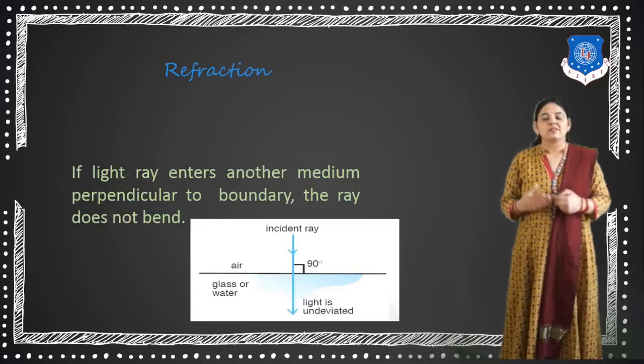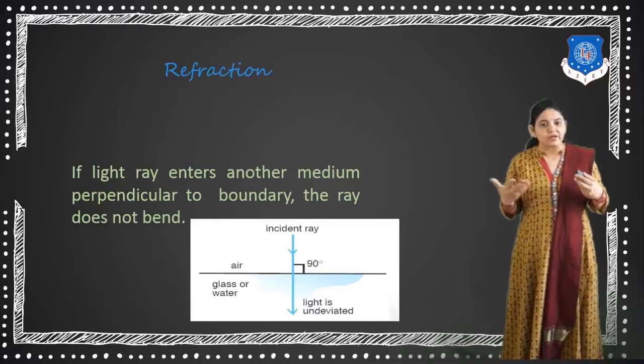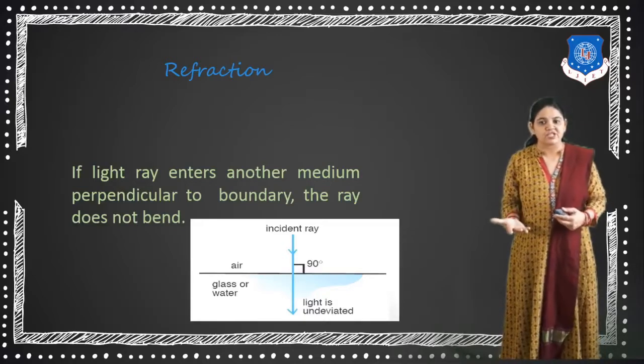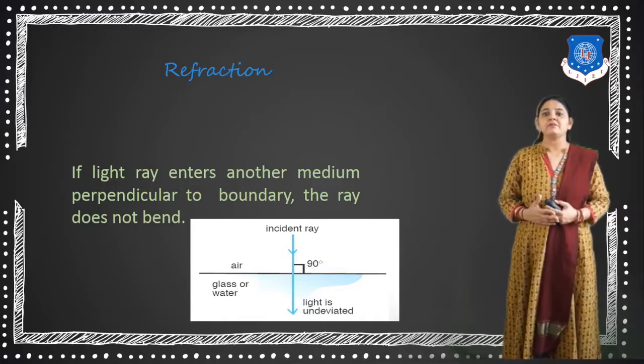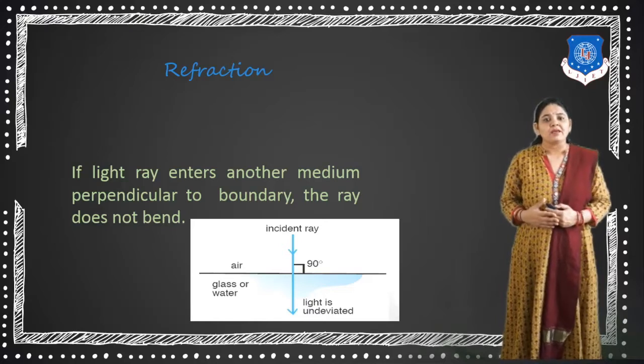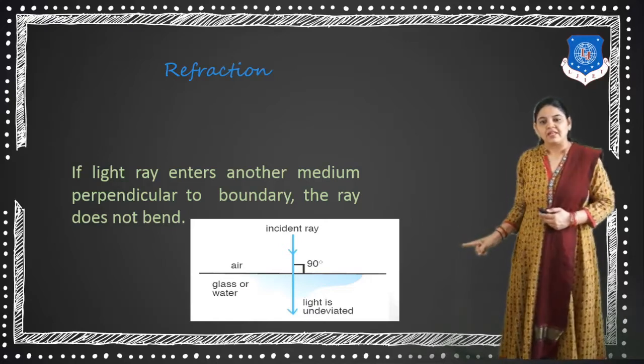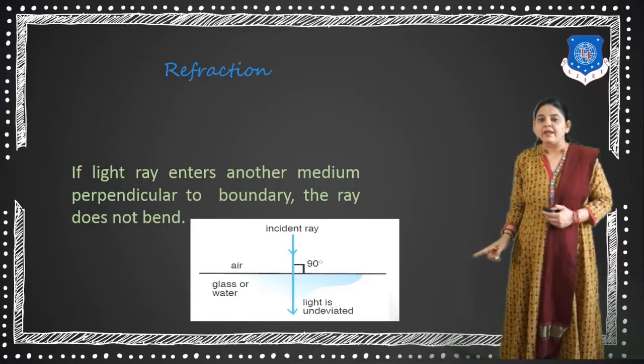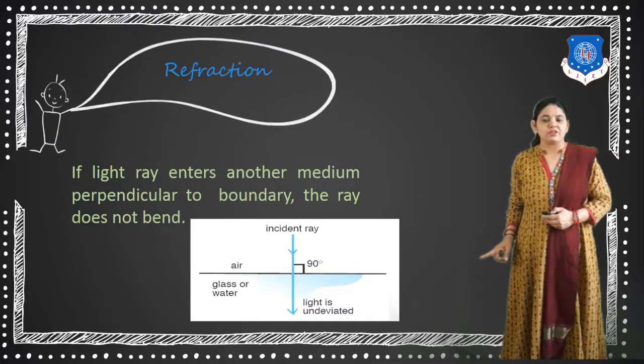So these are the important laws related to refraction. Now if the light ray enters another medium perpendicular to the boundary, then the ray will not bend. So the ray does not bend in this situation.